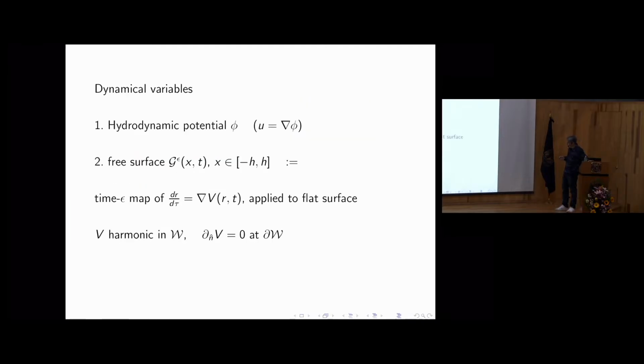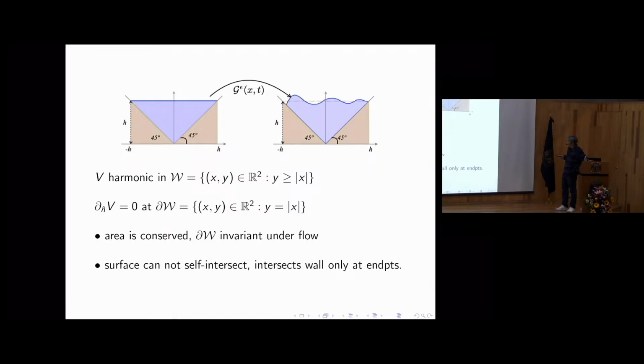This time is not the physical time, it's just some other variable, up to epsilon, and I map this segment. I see where this segment goes under the flow of this vector field. And I can see that this kind of description has some automatic properties that are desirable, namely that the area is conserved and these lines, which are the walls, are invariant under this flow, and so the two endpoints continue to be on the rigid wall.